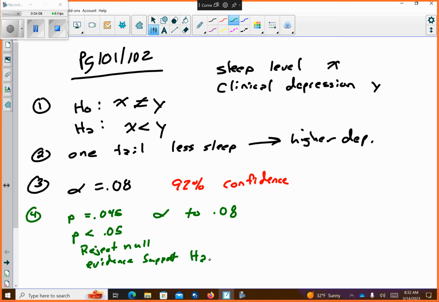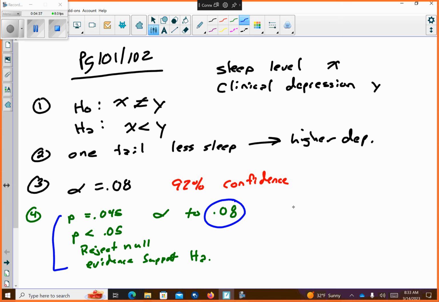This rule of thumb is common in both medicine and psychology, but it should not be the default choice. In truth, the researcher selects the level at which we reject the null. This level is called the alpha. So they are saying a 0.08.